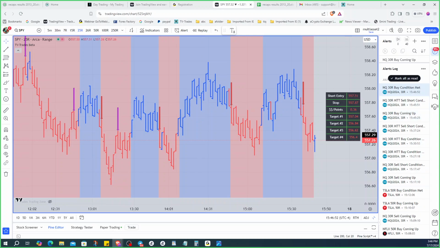The other thing that I wanted to show you guys was options on futures. I wanted to show you a little bit about options on futures and how they work.